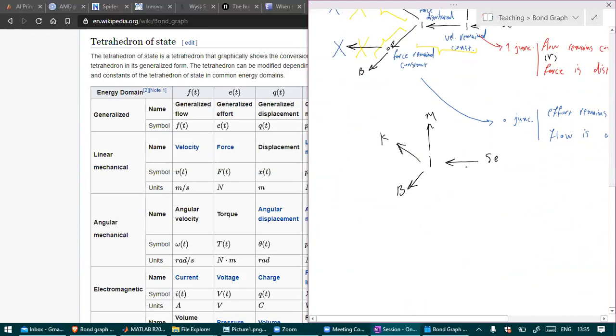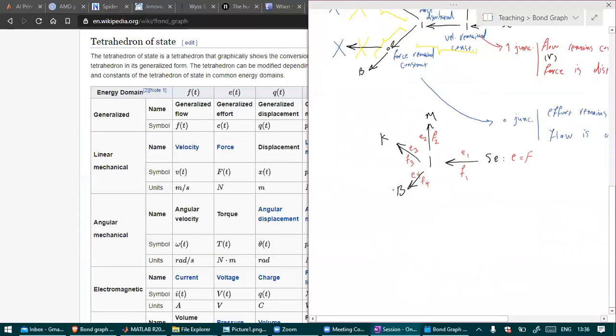We know that these arrows show the flow of power. So each of them has an effort and a flow. So basically it's E1, F1, and I just name it to use it later, so E3, F3, and E4, F4. Each of these arrows has an effort and a flow associated with it. What about the elements? For the source of effort, it basically sets the effort, so E is equal to a force in this case.